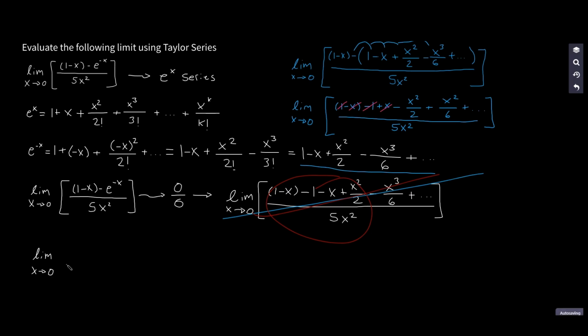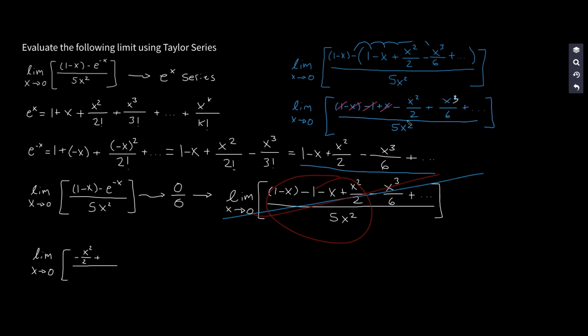The limit as x approaches 0. Well, now it's going to be negative x squared over 2 plus, dude, did I really put an x squared here?